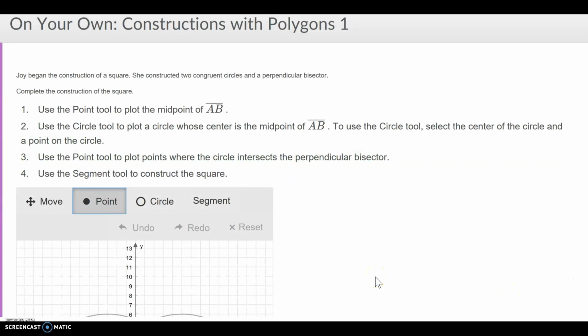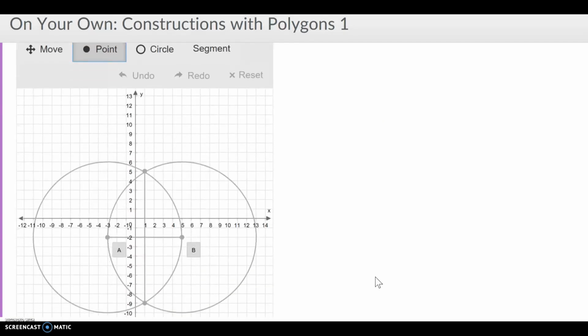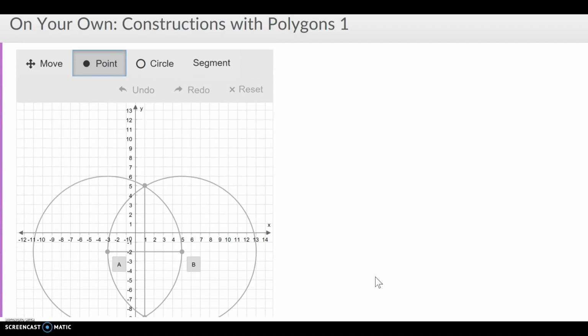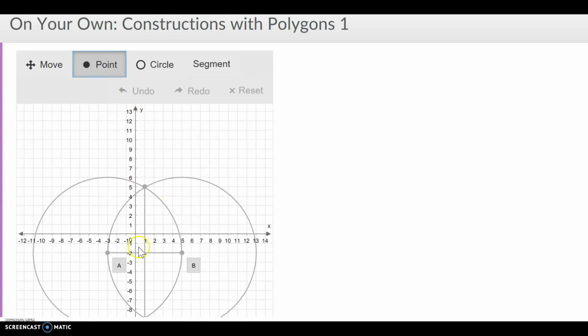Alright, Joy began construction of a square. She constructed 2 congruent circles and a perpendicular bisector. What do we need to do now? We need a point here. And then we need to draw our smaller circle.